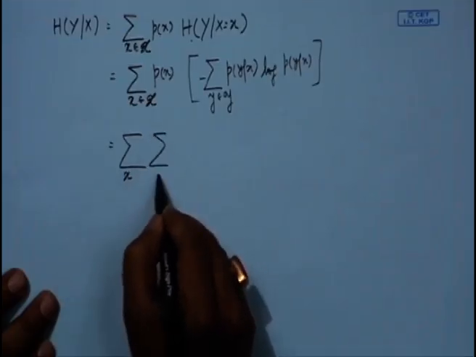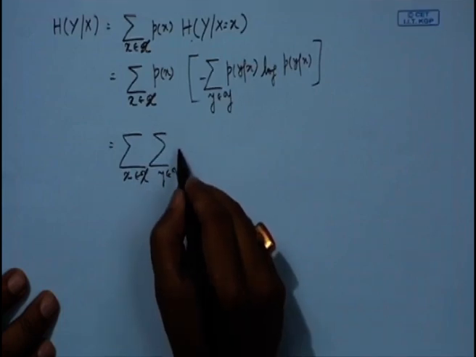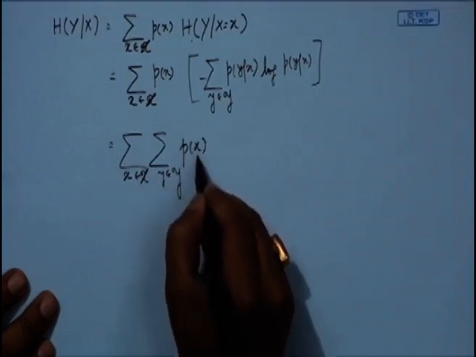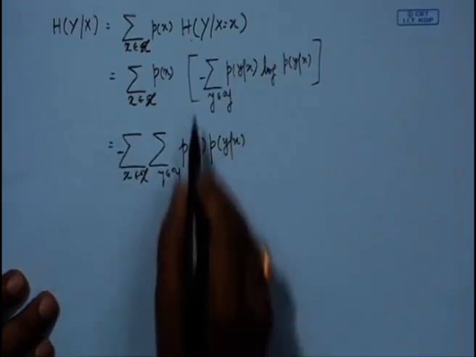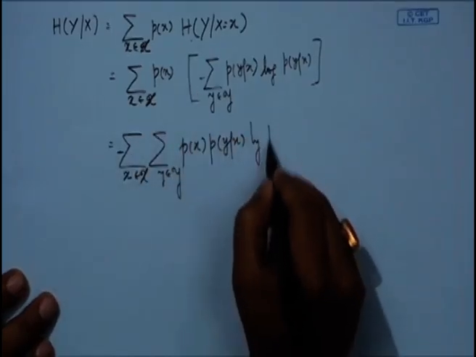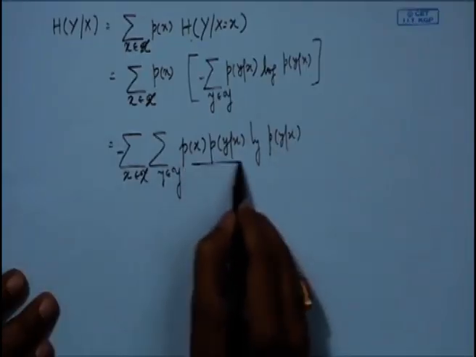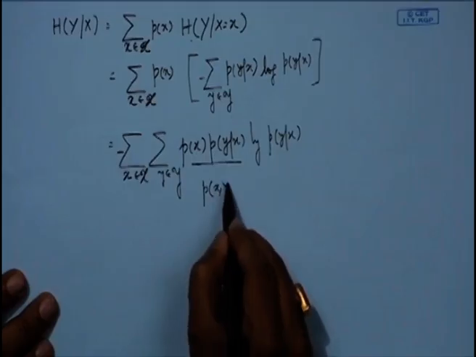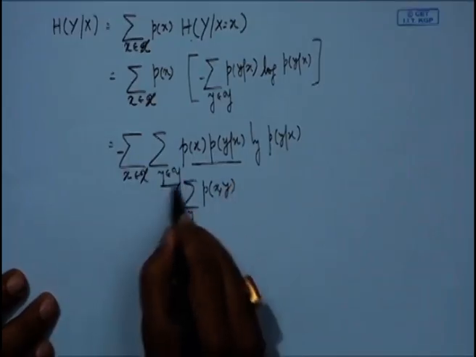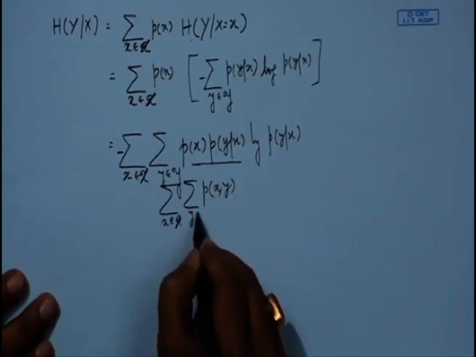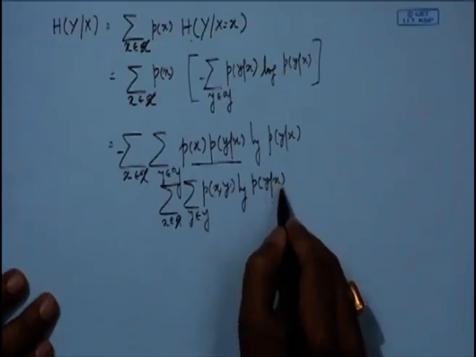So going by this, we could write this as the sum over x, sum over y, of p(x) times p(y|x). There is a minus sign which comes out, times log p(y|x). So this one is basically the joint distribution p(x,y), sum over y, sum over x, log p(y|x).